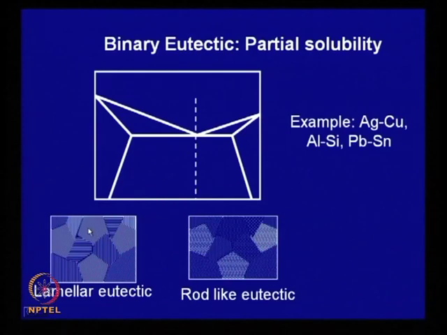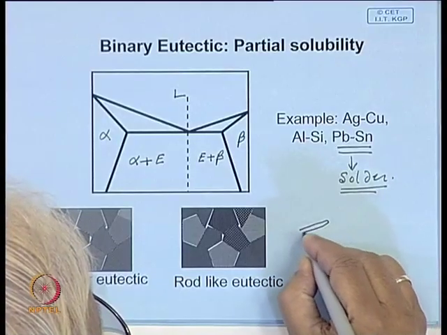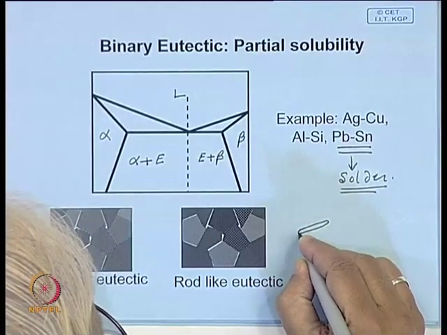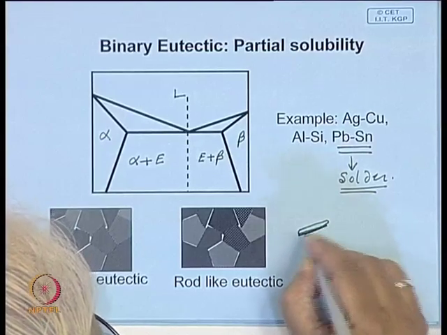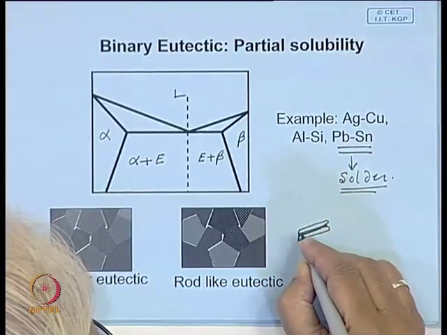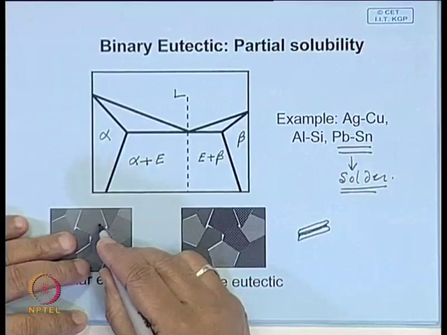One after the other they will keep forming. So you have a layer of alpha, on that a layer of beta will form, then again alpha. This is the way a lamellar structure can form.